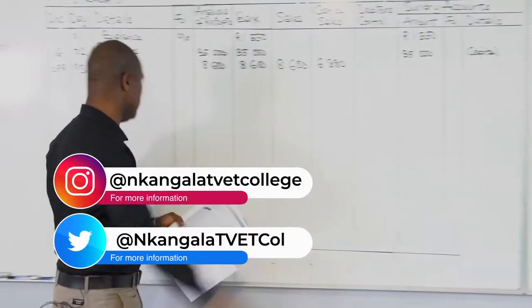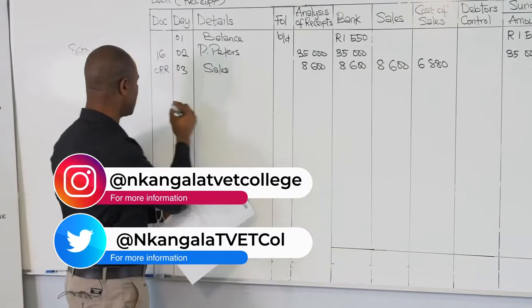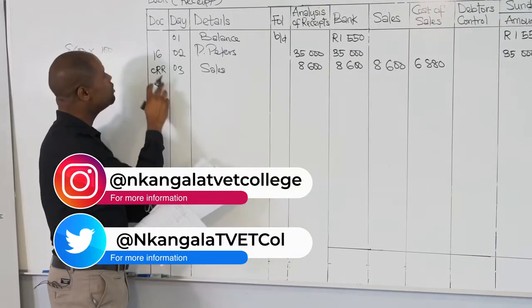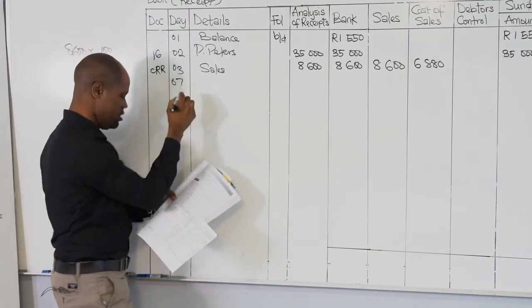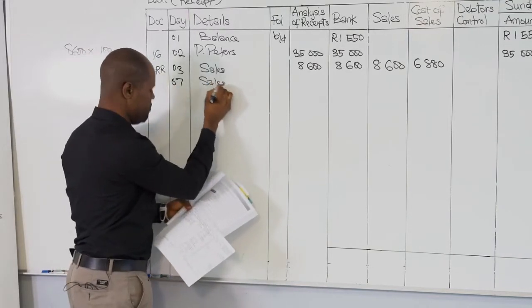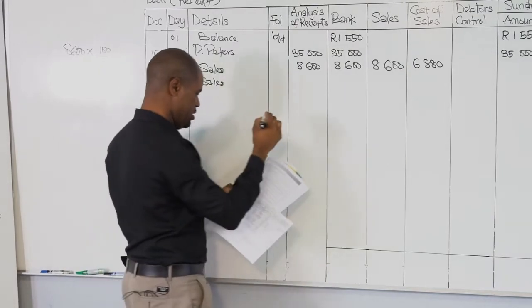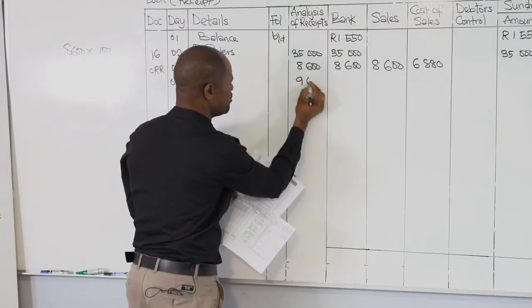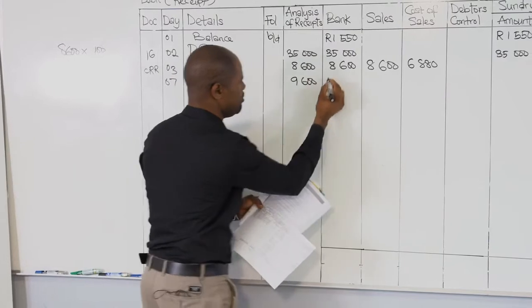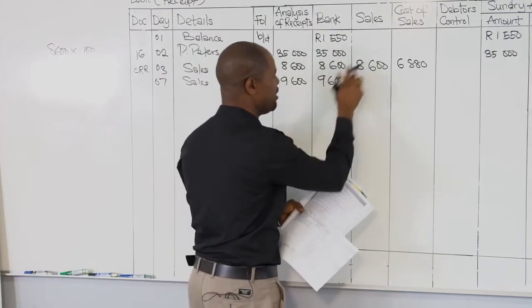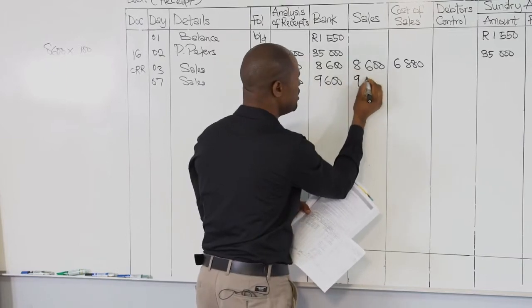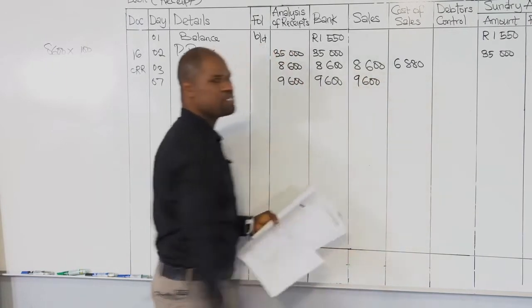So I will treat the receipt first, which is a cash sales. We're not given the document number, but we have the date. The date is on the 7th. It's a sales. So the amount is 9,600. It goes into the bank. From the analysis, it goes into the bank. It's a sale. It comes to sales also as the same. Then I calculate my cost of sale.